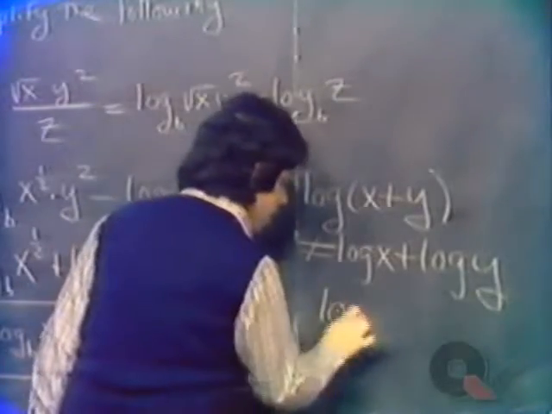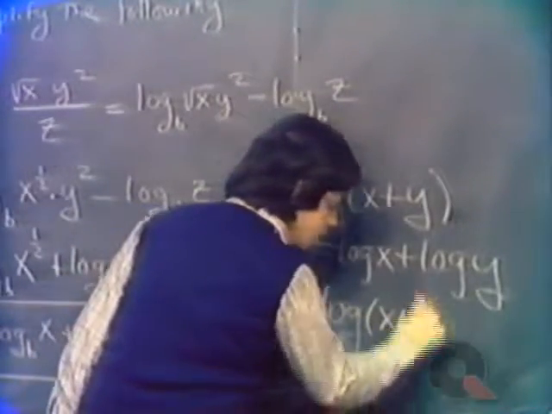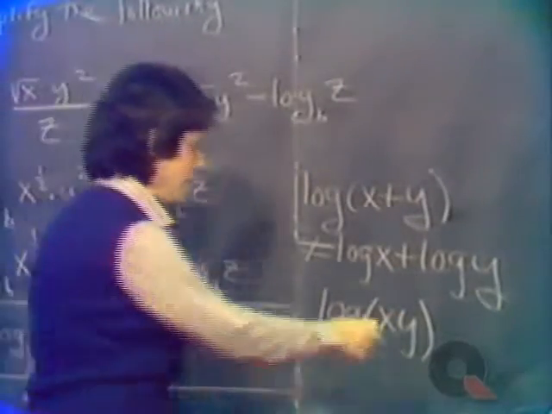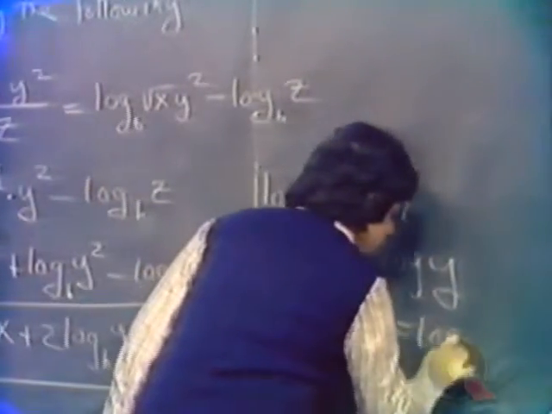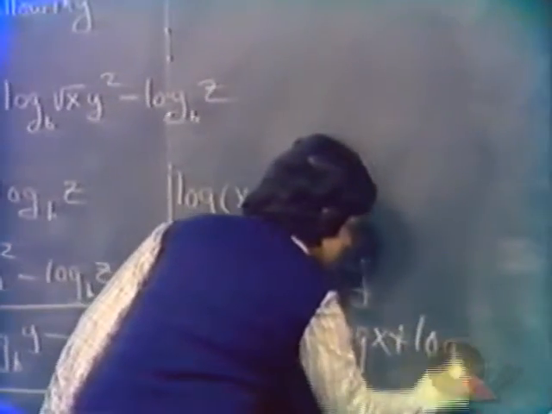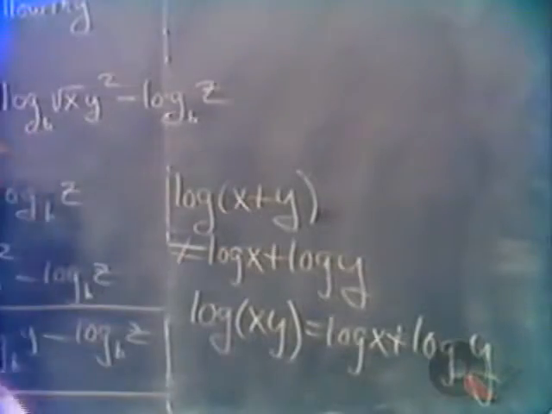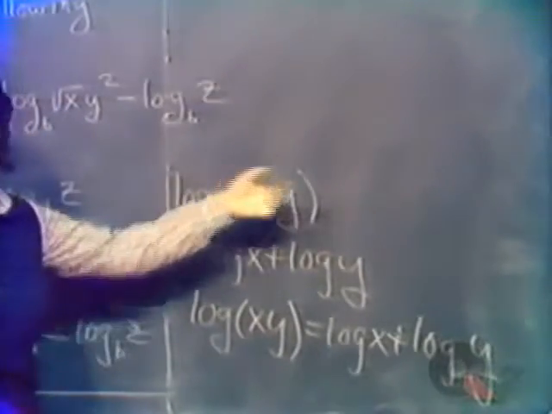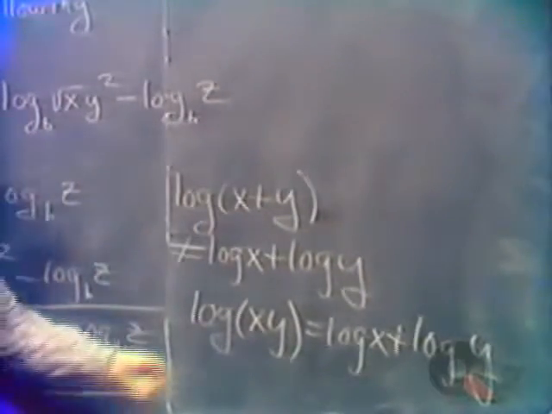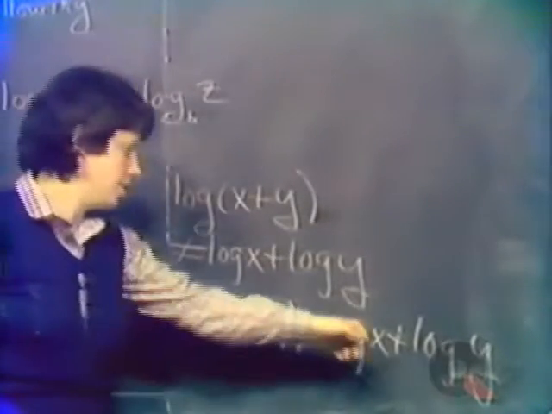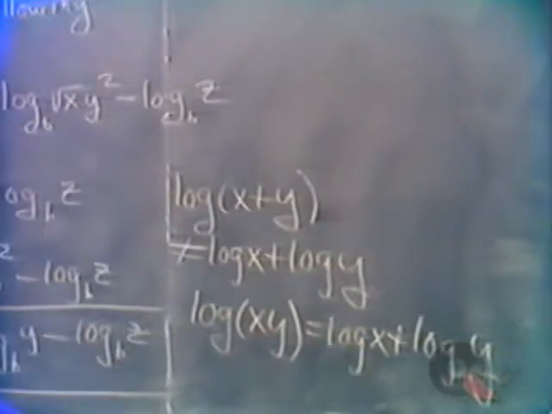The log of x times y, the log of a product, is the sum of the logs of the factors. But if you have the log of x plus y, you just leave it like that.